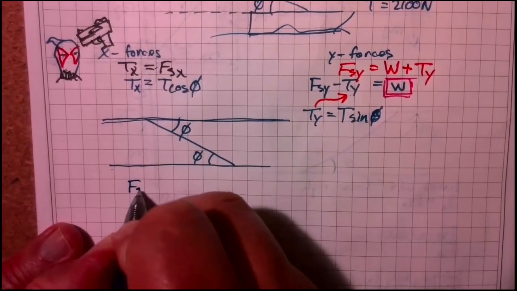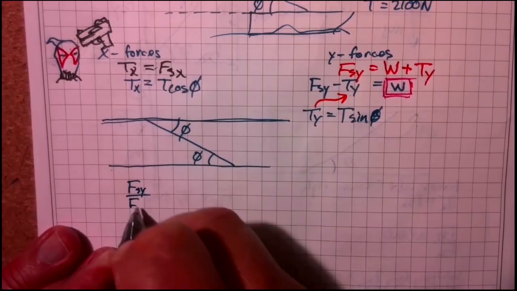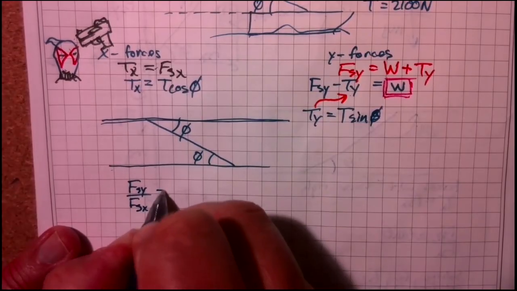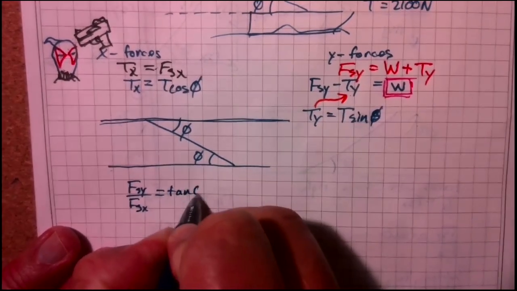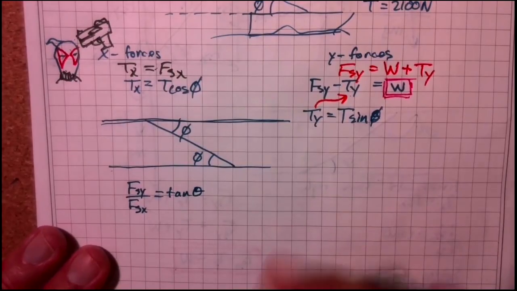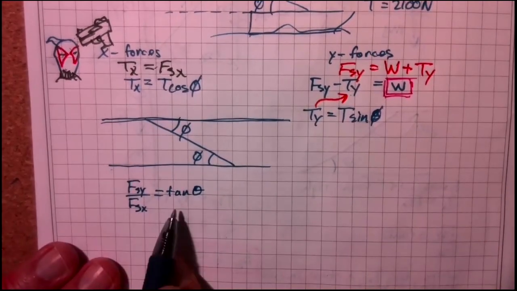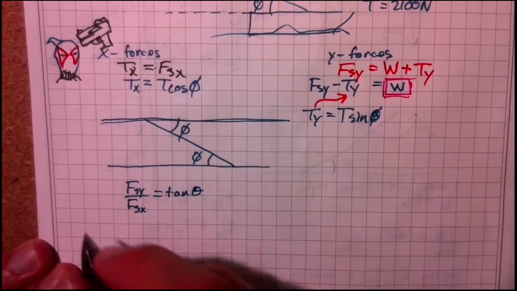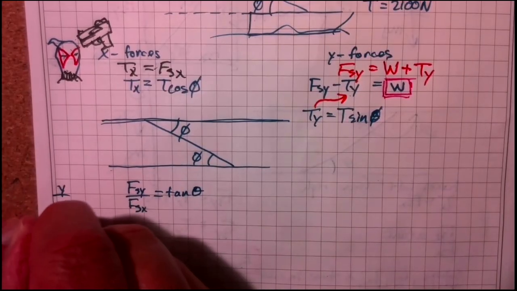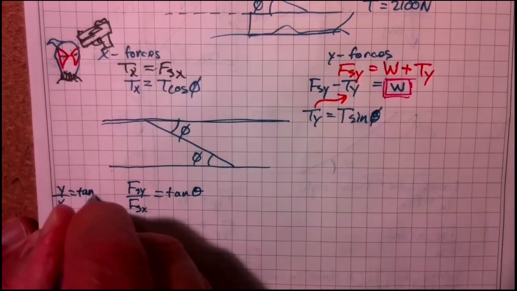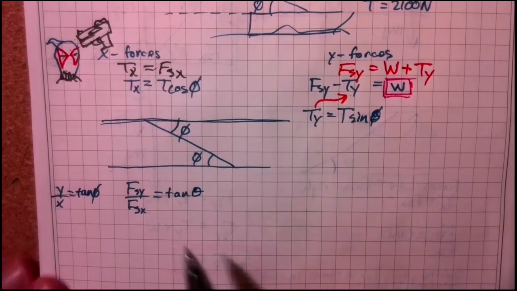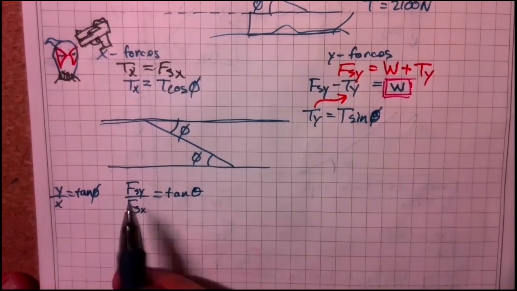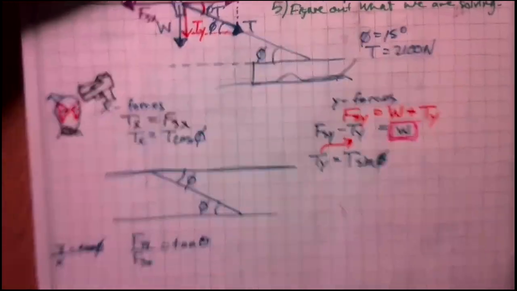I'm going to have F of s of y divided by F of s of x equals tangent of theta. This is just my trig. This is my y component. In trig, you probably learned it as y over x equals tangent of the angle of the triangle. We're doing the same thing here, just with our forces.